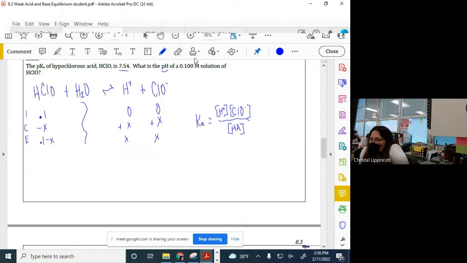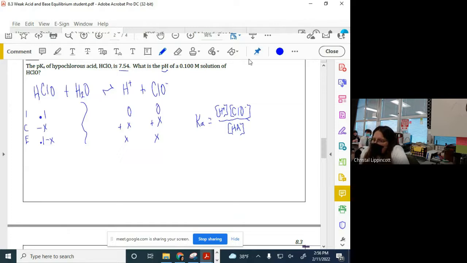So we need to start plugging some values in here, okay? I don't know yet if I can ignore this x. I've got to figure out what my Ka value is, over HClO. They didn't tell me what my Ka value is, but they told me what my pKa value is.